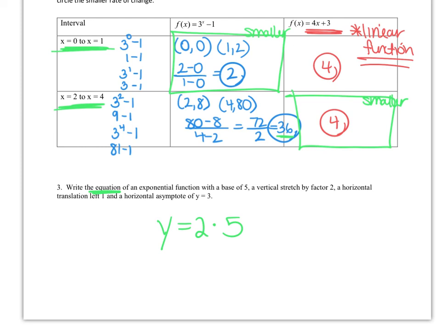A horizontal translation left 1, so that needs to be part of our function, and since this is 5 to the x, to go left 1, we want it to be plus 1, because it goes the opposite direction of a positive, so that's why it goes left. And then a horizontal asymptote of y equals 3. So what that's telling us is that the exponential growth function has shifted up 3 units.